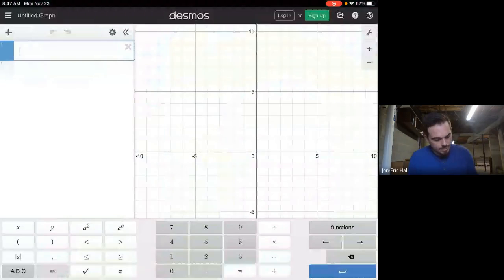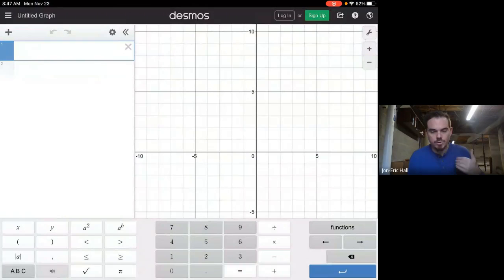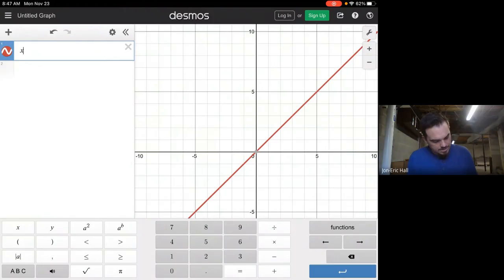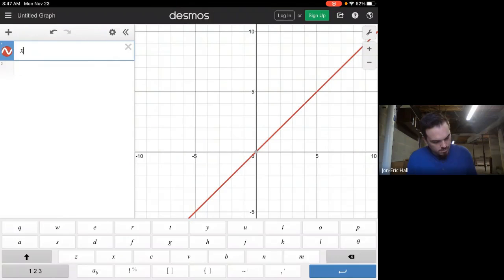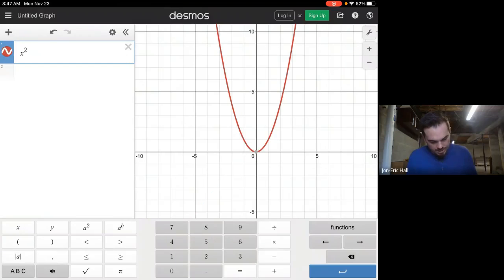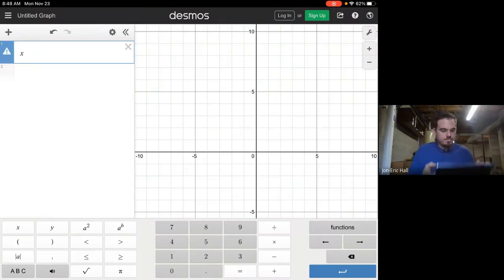And when Desmos pops up, what I'm going to do is graph this function. So I'm going to take x to the power of 4. Let's see, where can I get my power button? Oh, you know what? I'm so silly. I've got a keyboard. This should be easy.